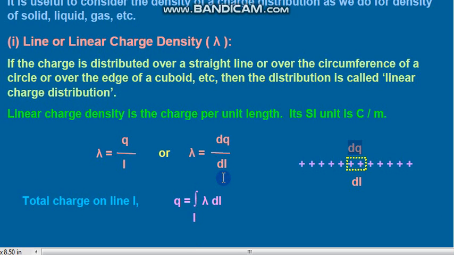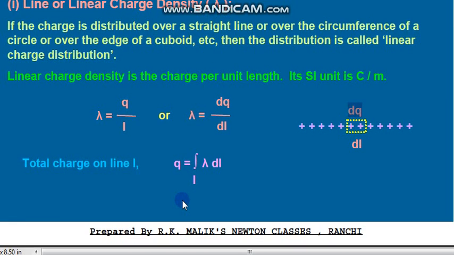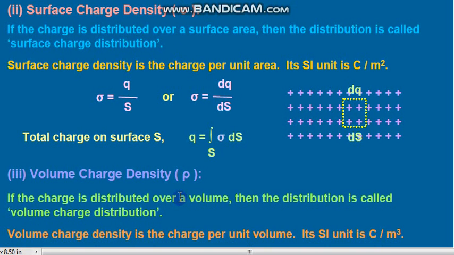So the total charge is either lambda times L, or the line integral of lambda dl, from 0 to L.